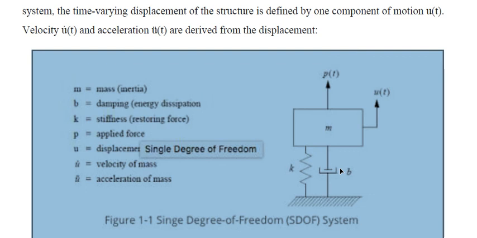Considering these three forces, we can relate to the force applied. This equation of motion, by considering these forces, is known as the equation of motion of a single degree of freedom system.